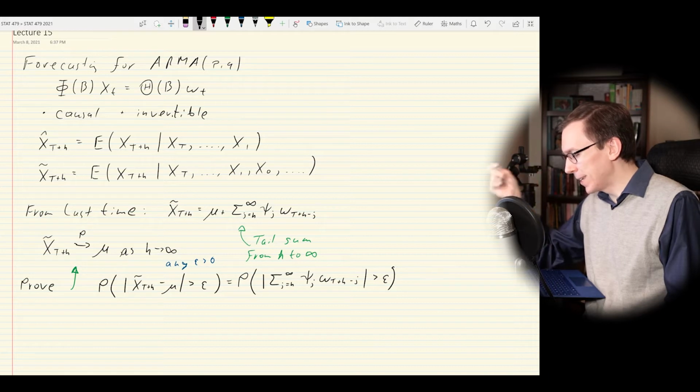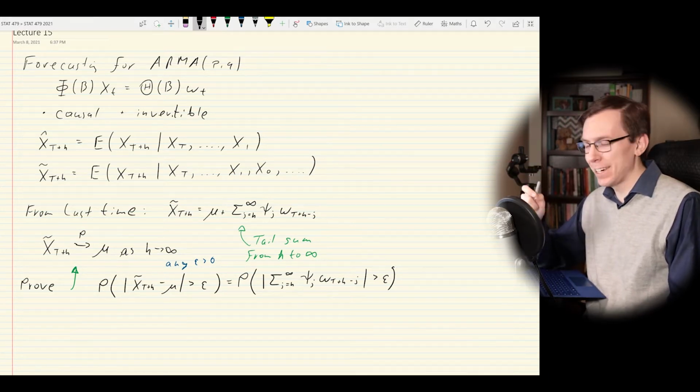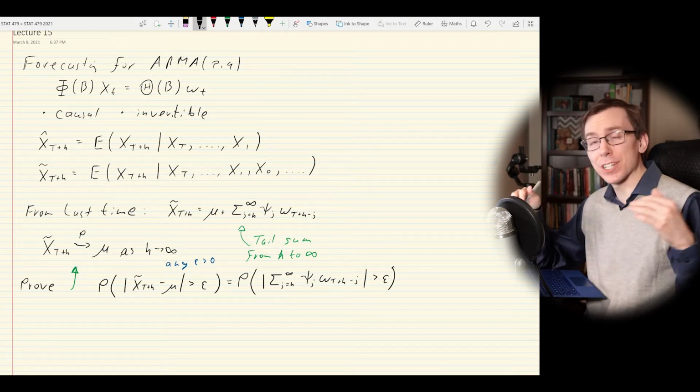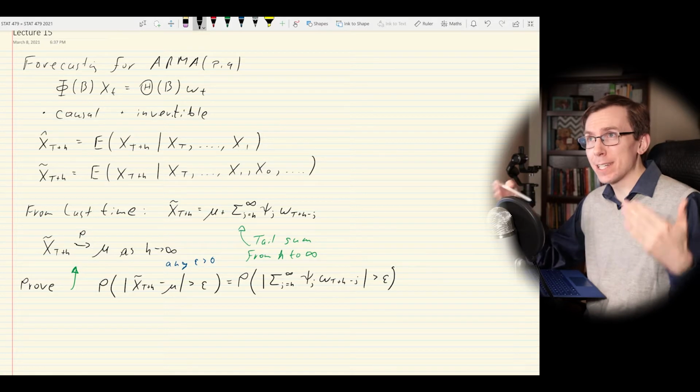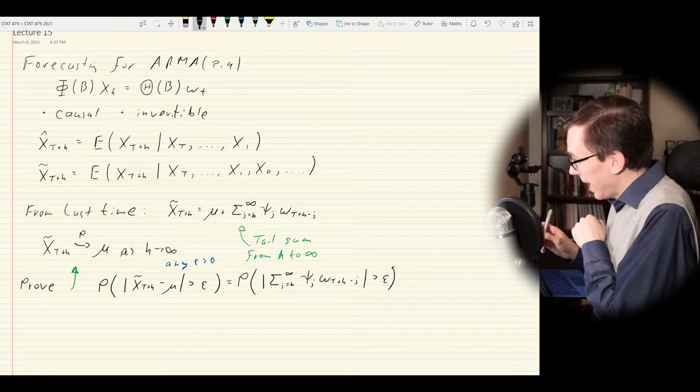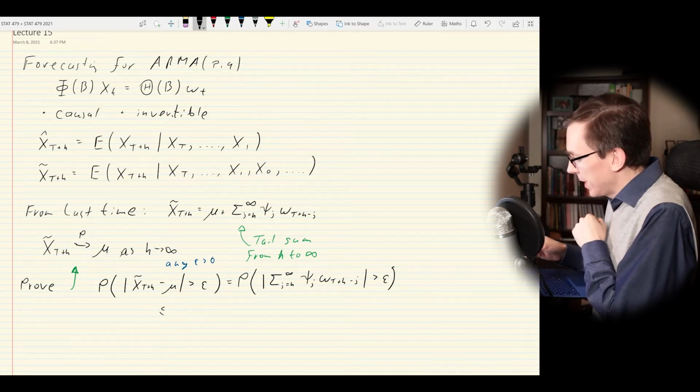But what we need to do is make it more precise in the case of random variables, because this isn't just a series with real-valued summands. It's a series with random variables. And what we can do is apply the Chebyshev inequality.